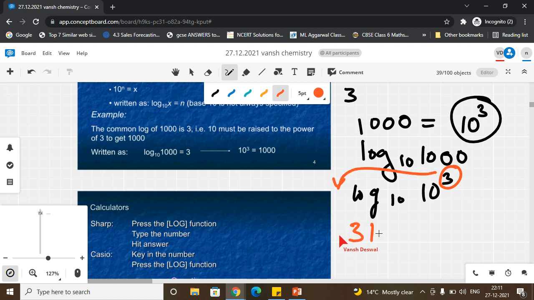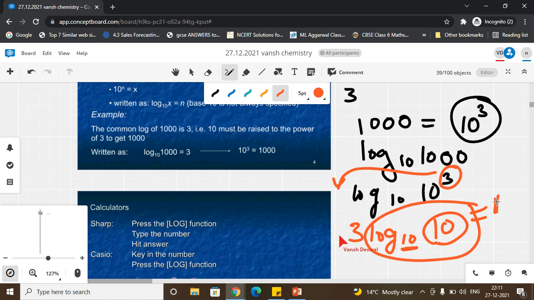So we get 3 log base 10 of 10. Whenever the base is 10 and the number is also 10, this becomes equal to 1. So 3 into 1 becomes 3. So the log of this number will be 3.